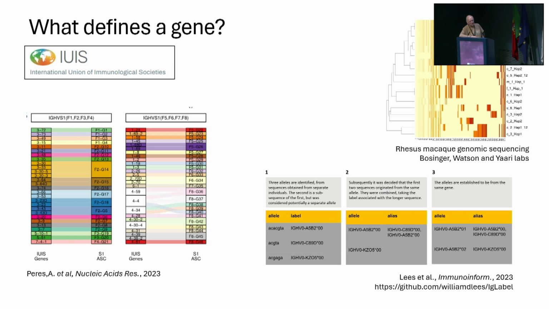This shows what Piglet does if you ask it to cluster IGH allelic sequences. You can see there's pretty much a one-to-one mapping between the known genes in human IGH and the clusters that Piglet comes up with.